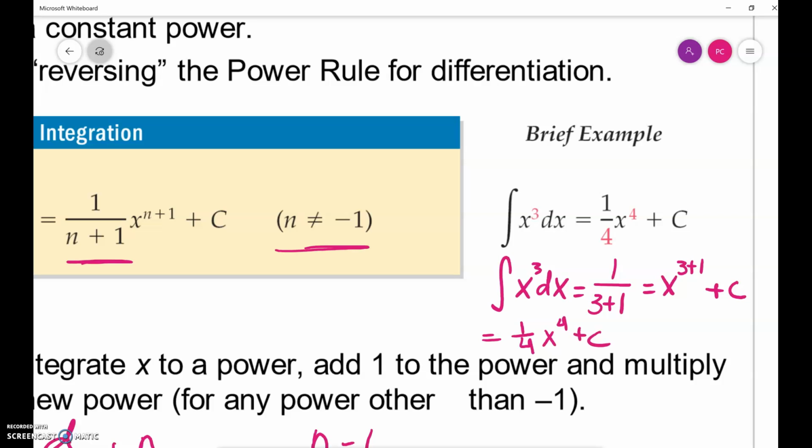Okay, I don't need that multiplication step there, sorry. This extra step here, you don't necessarily have to have that. If you can do that in your head, you can go straight to the bottom step without it. All right, let's try some examples.